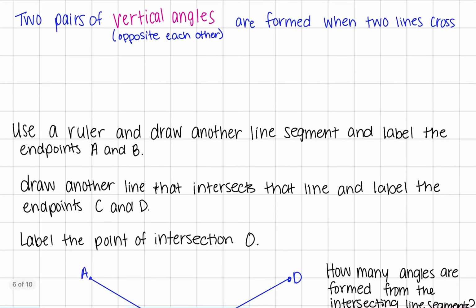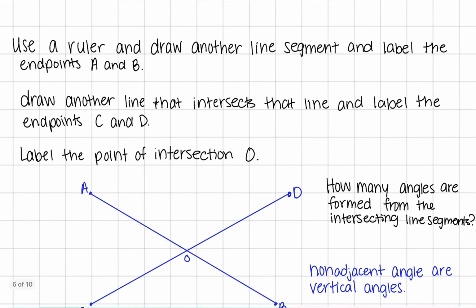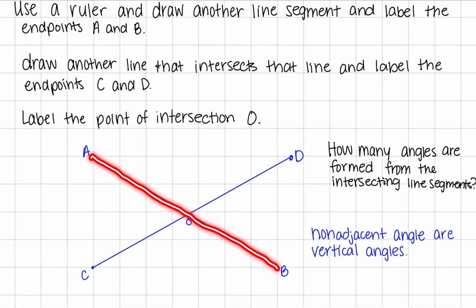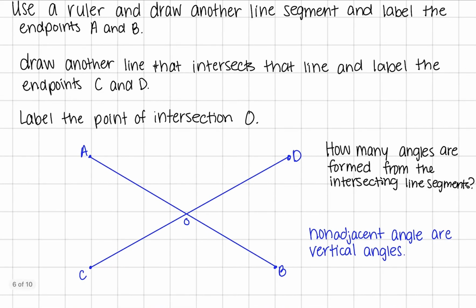So use a ruler and draw a line segment and label the endpoints A, B. I drew my line segment here and I labeled one endpoint A and the other endpoint B. You're going to draw another line and label the endpoints C and D. And label the point of intersection O. How many angles are formed from the intersecting line segments?